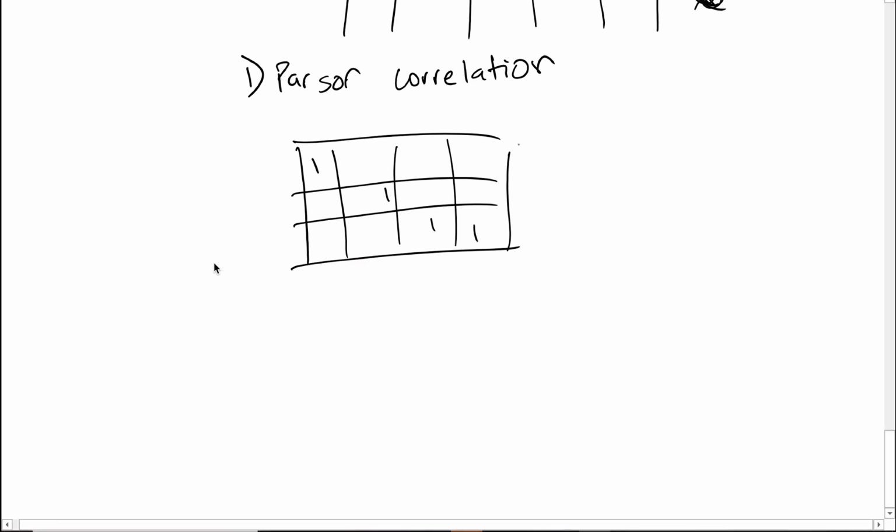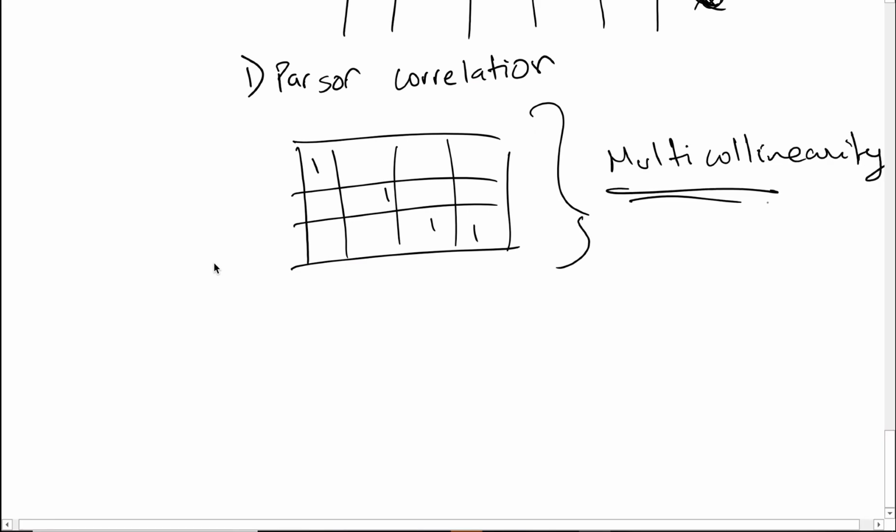However, when we are dealing with Pearson correlation, there may be a possibility of multicollinearity. I will discuss what multicollinearity is in my other videos, but just to give you an idea, multicollinearity might exist when we are running correlation tests.